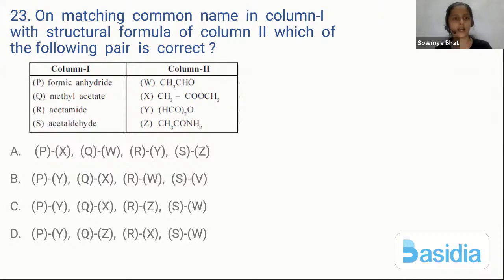So the aldehyde, let's go with the simplest one. If you feel anhydride, acetate, amide, aldehyde, everything is a little difficult, you go with the simplest option, that is acetaldehyde. Aldehyde is CHO.